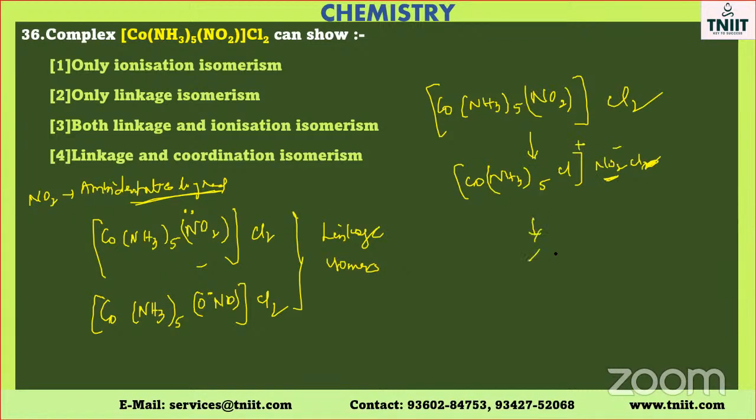So they can also show ionization isomers. Ionization isomers means compounds having the same molecular formula, but they give different ions when dissolved in water. Therefore, this complex can show both linkage as well as ionization isomers.